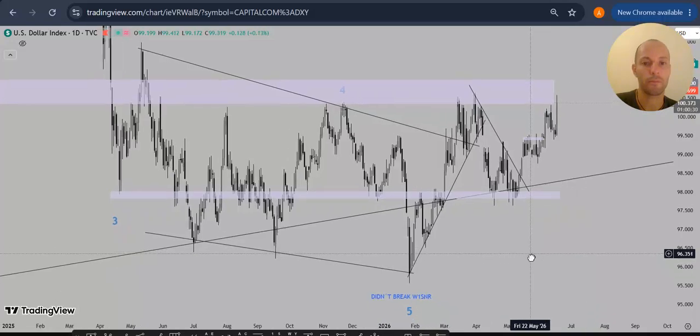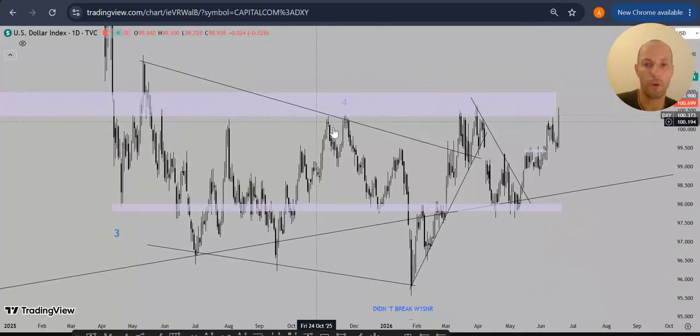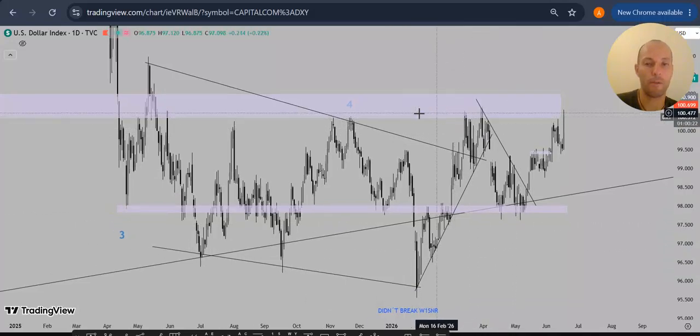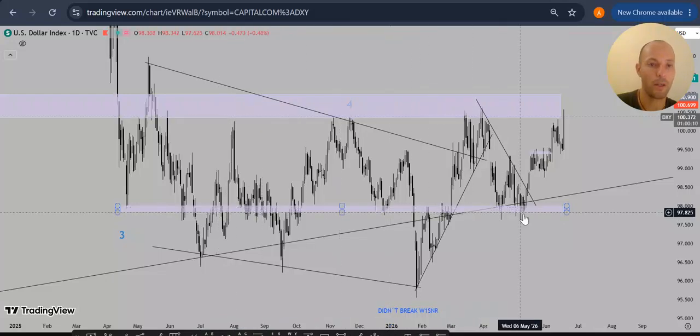So we have this trend line over here. Price has broken it and reacted from the resistance area. Make a pullback again to this area where price reacts quite a lot.